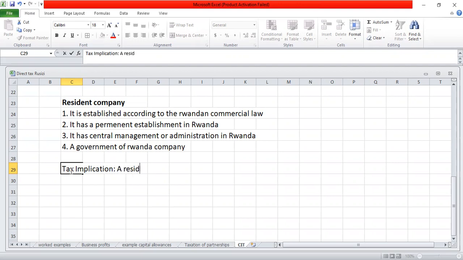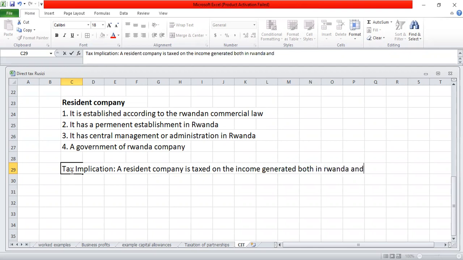A resident company is taxed on the income generated both in Rwanda and outside. If it is a resident company, it will be taxed on the income it generates in Rwanda and the income it generates outside Rwanda.